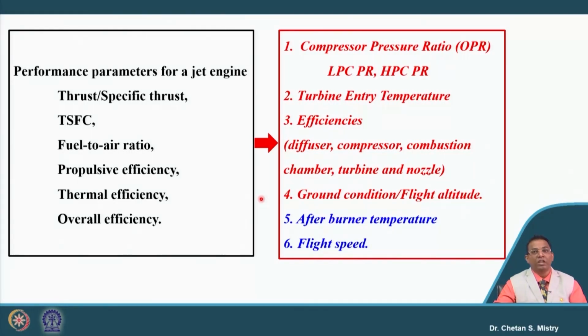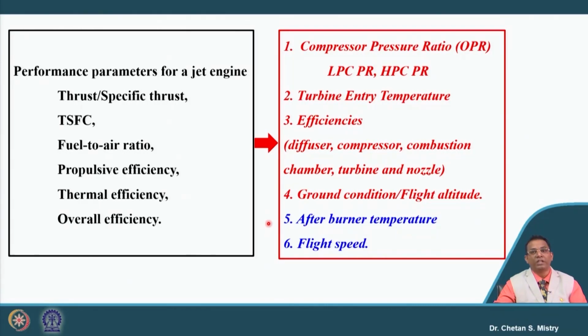Since this is a 2-spool configuration, we have the LP compressor pressure ratio and the HP compressor pressure ratio. By changing one of the pressure ratios, we can increase our overall pressure ratio. An important parameter is the turbine entry temperature. We have different components, like the diffuser, compressors, combustion chamber, turbine, nozzle, and afterburner, having their own efficiencies, and those efficiencies also have a direct impact on the performance parameters.